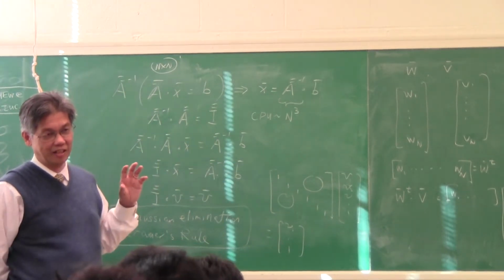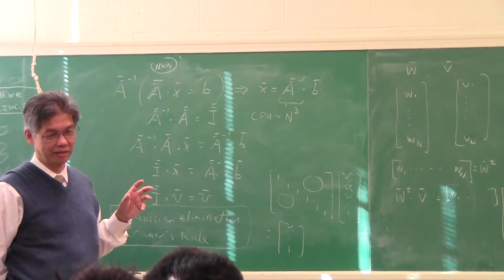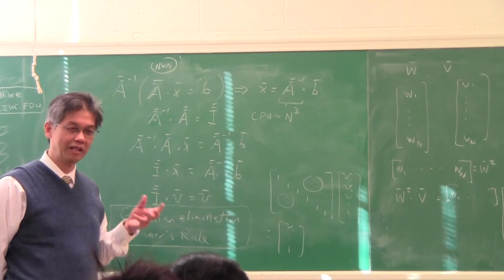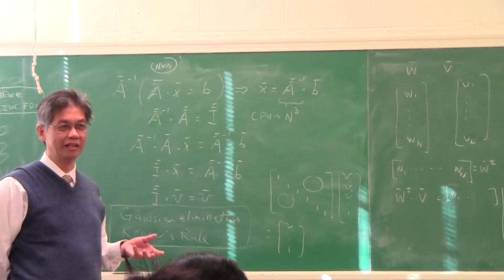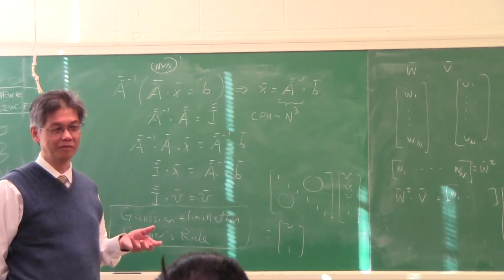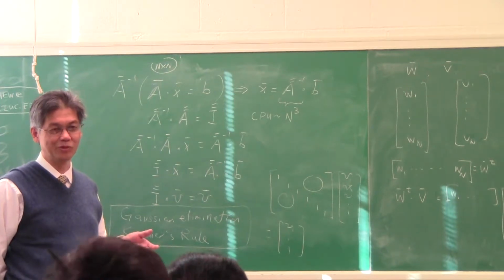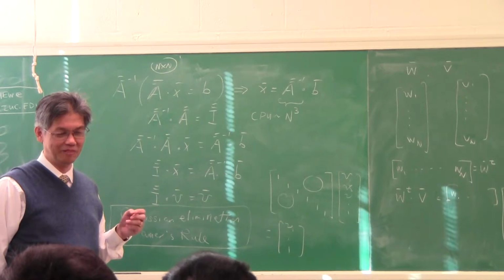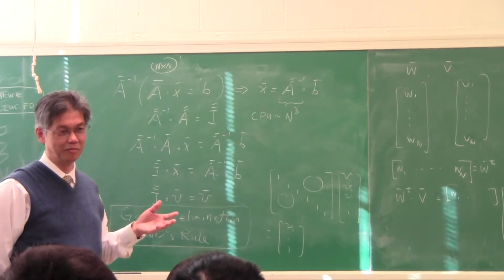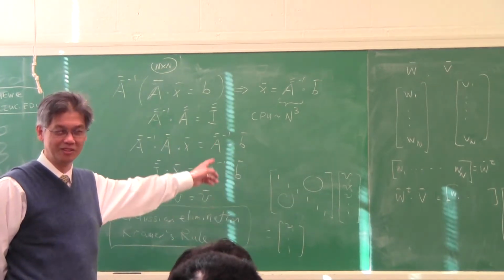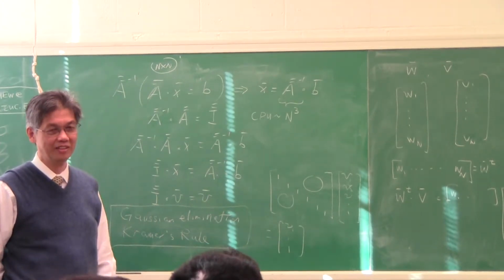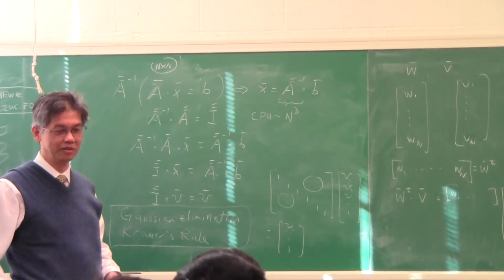It means that if you make your matrix dimension 10 times bigger, your computer time goes up by 1,000 times. If you make it 100 times bigger, it goes up by 1,000,000 times. It scales much worse than Moore's law. If you want to make the computer useless, just ask it to invert the matrix using Gaussian elimination or Cramer's rule. You can get the computer to come to a halt.